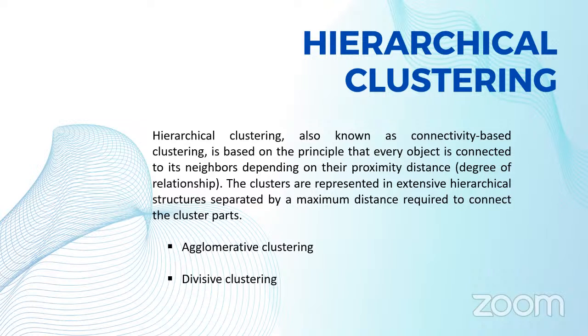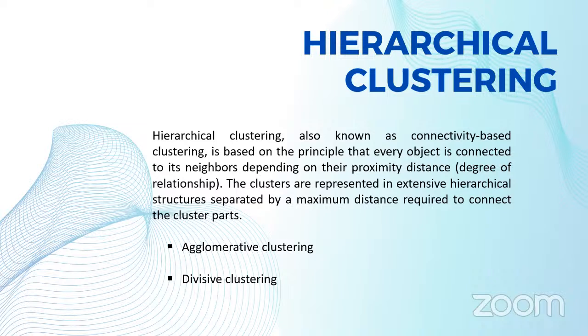But it is opposite in divisive clustering. It uses a top-down approach. It starts with all the points as one cluster, and then splits into the least similar clusters at each step until only a single data point remains.